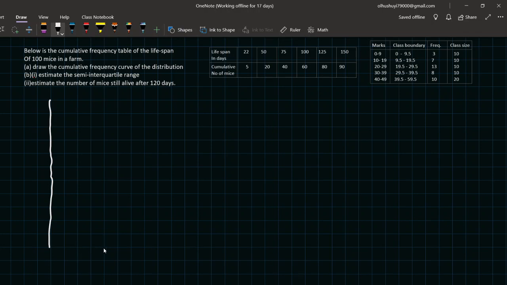So let's go. 1, 2, 3, 4, 5, and 6. So I have that. This time I will want to go this way: 1 2 3, 1 2 3 4.